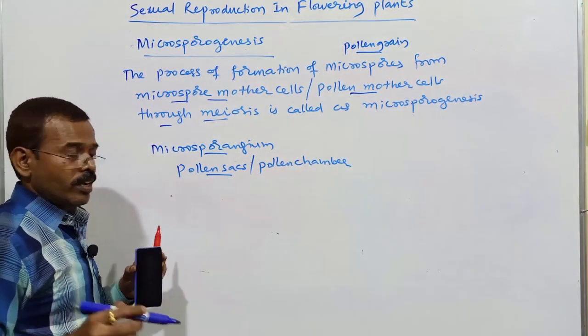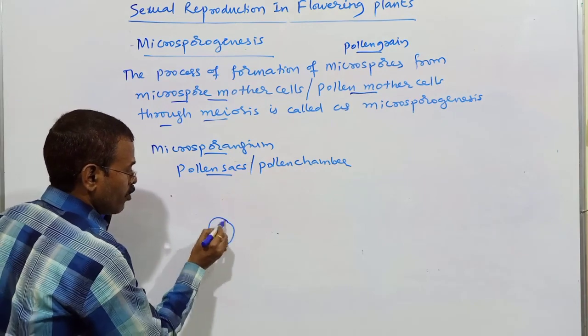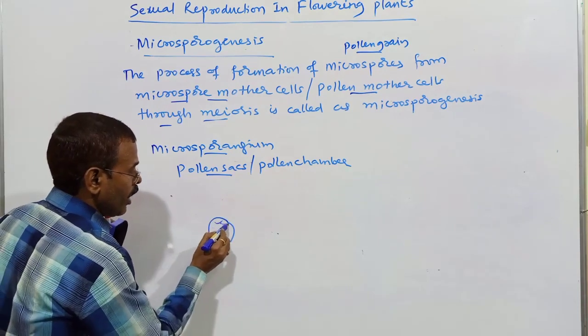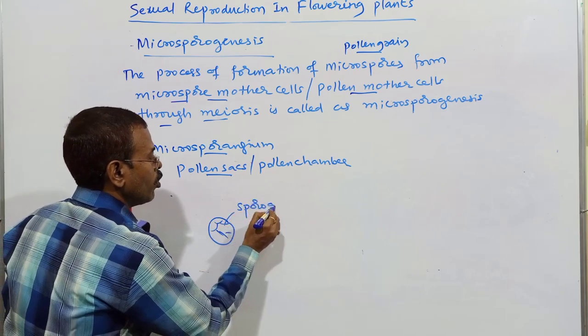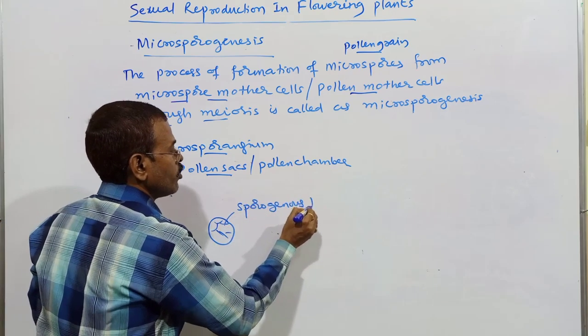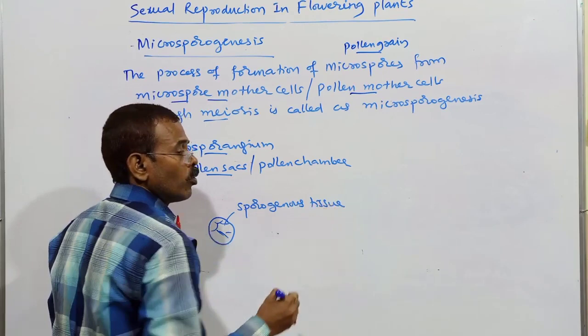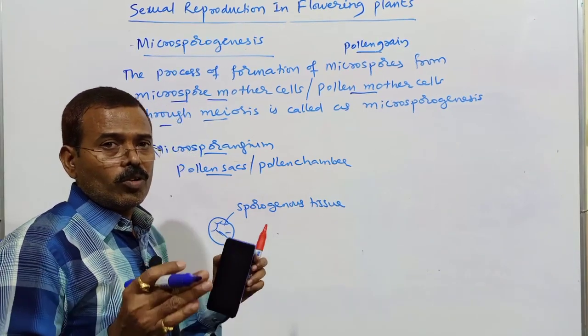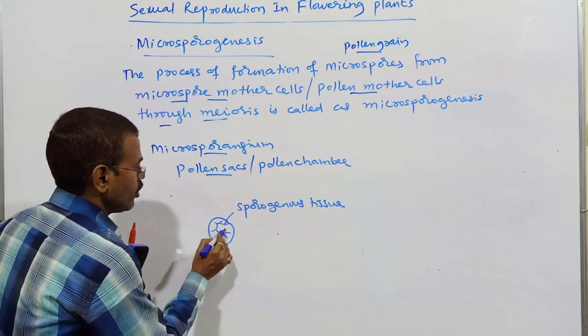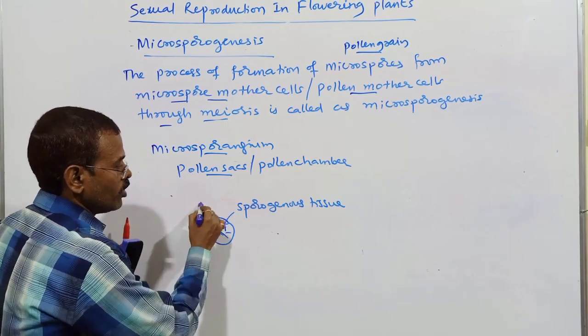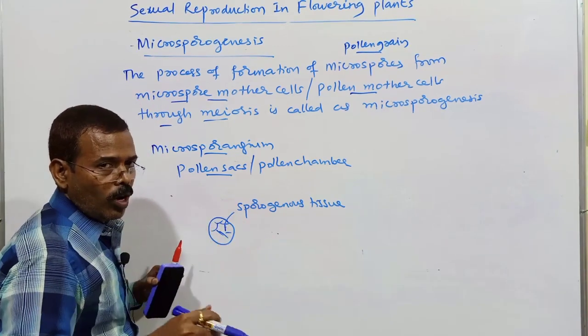Okay, so in the center of the microsporangium, here we have the cells. These cells usually you call sporogenous tissue. We came to know what is sporogenous tissue. A group of compactly arranged homogeneous cells is called a sporogenous tissue. This sporogenous tissue is surrounded by those four wall layers, right?